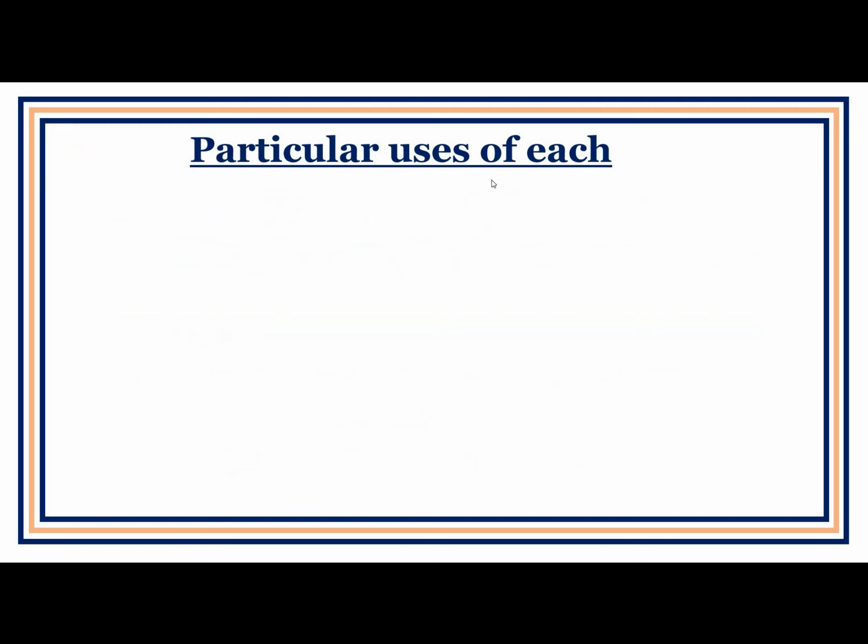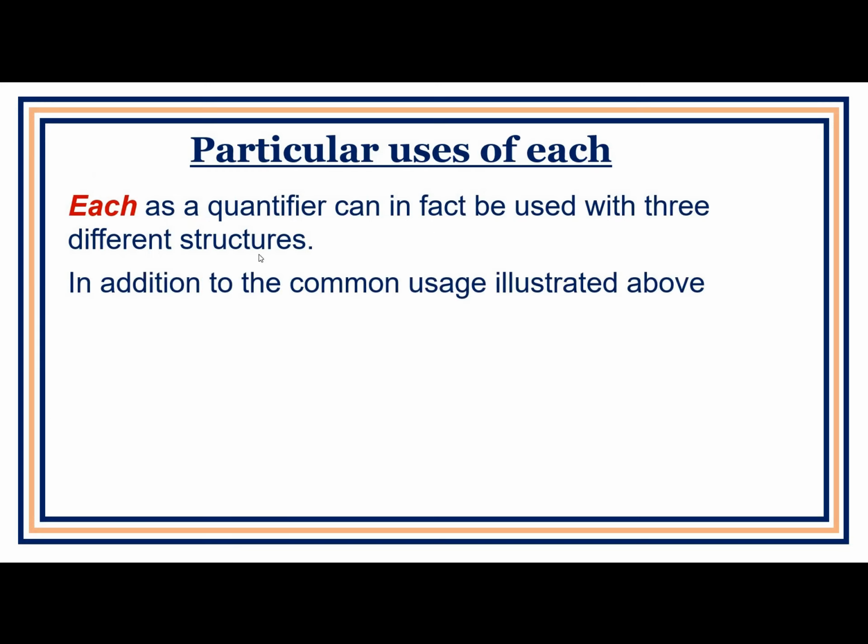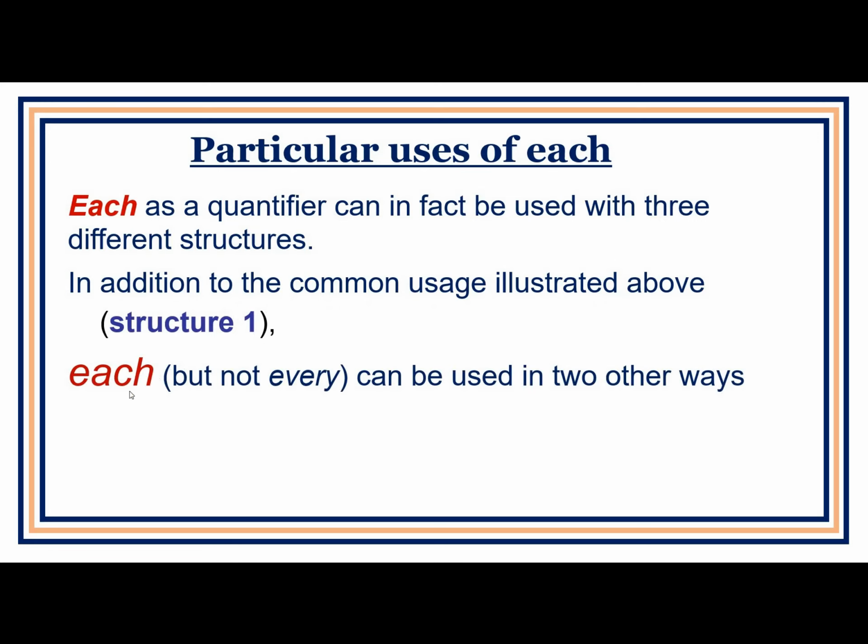Particular uses of each. Each as a quantifier can in fact be used with three different structures. In addition to the common usage illustrated above, structure 1, each but not every can be used in two other ways.